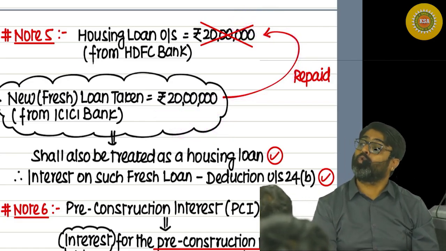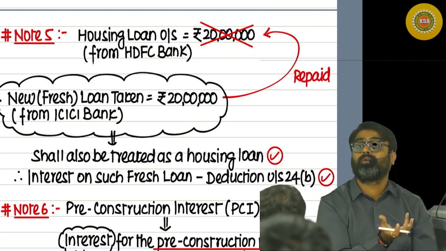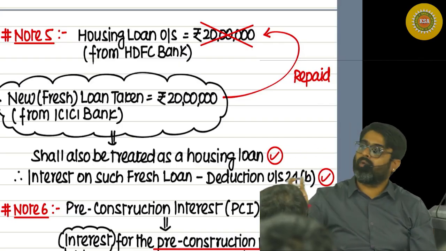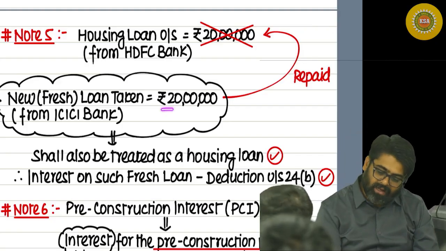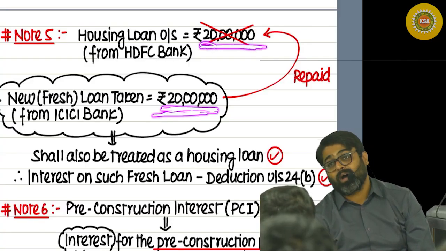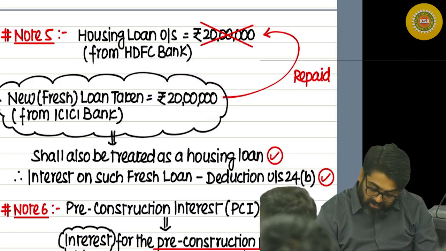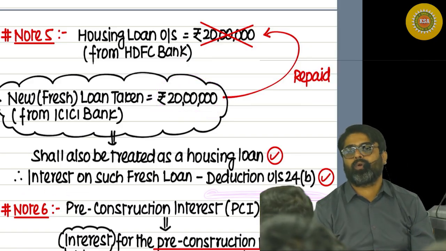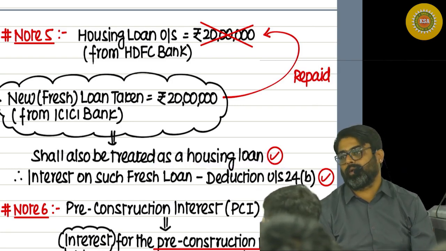Now instead of being a borrower of HDFC Bank, you will become a borrower of ICICI Bank. And instead of paying 12%, now you are going to pay only 8%. Getting my point? Now can I say you have taken a fresh loan to repay your old housing loan? Yes or no? On this fresh loan also, whatever interest you are paying will be allowed as a deduction under 24 clause B, because this fresh loan shall also be treated as your housing loan only.